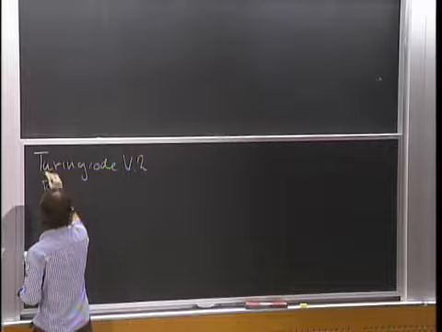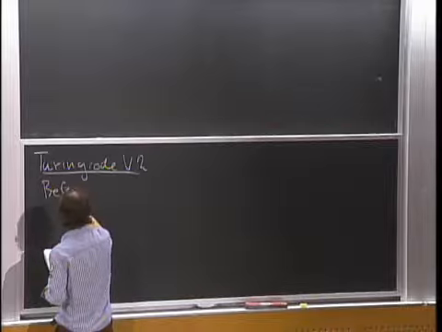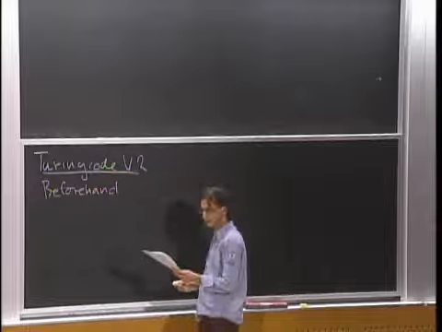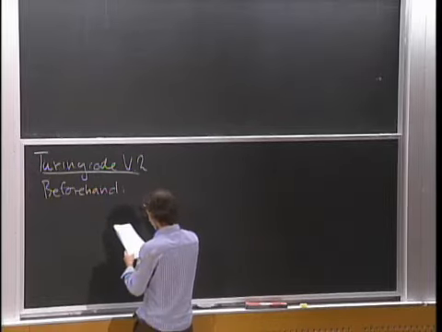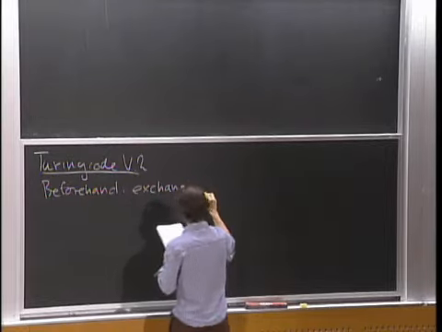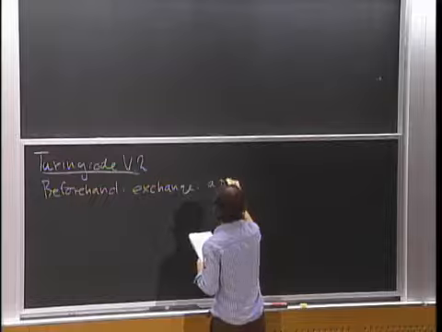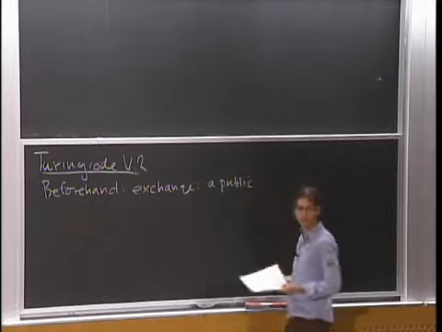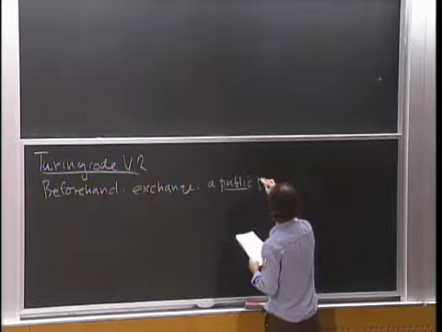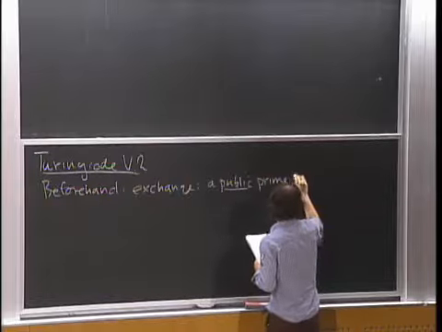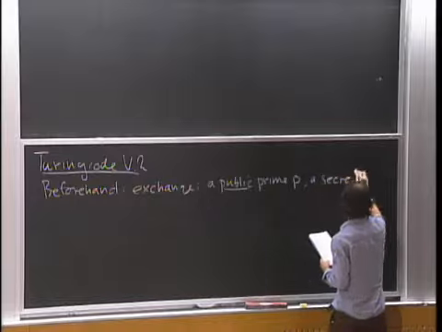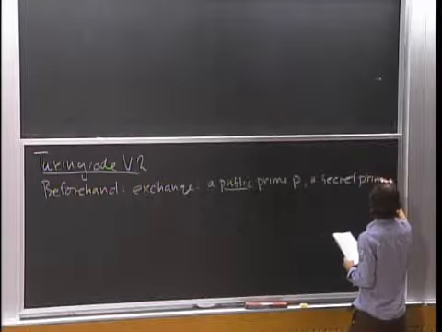So beforehand, we are going to exchange not only a secret prime k, but we will also exchange a public prime. By public we mean that anybody can see this prime, it's common knowledge, a public prime p, and also a secret prime k.